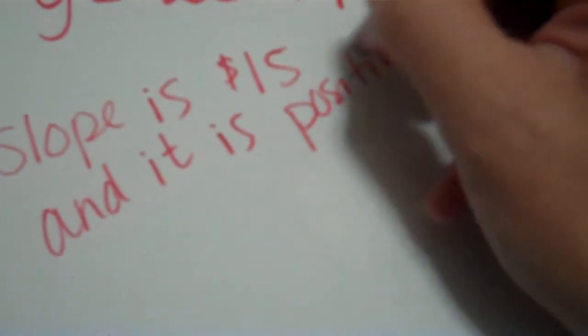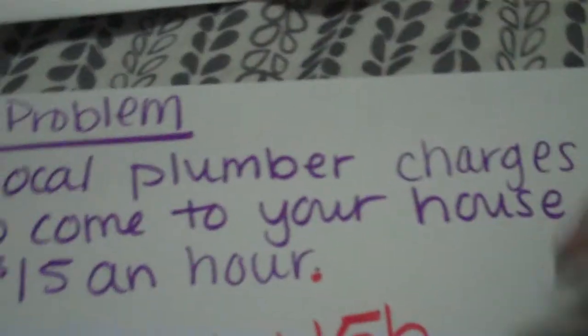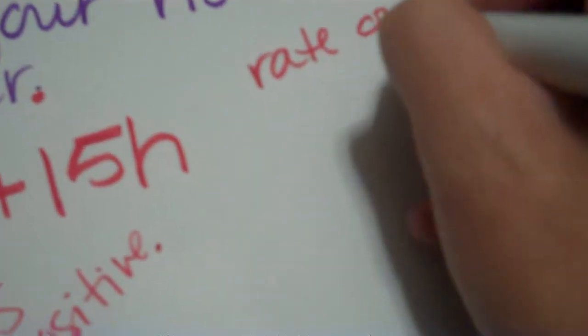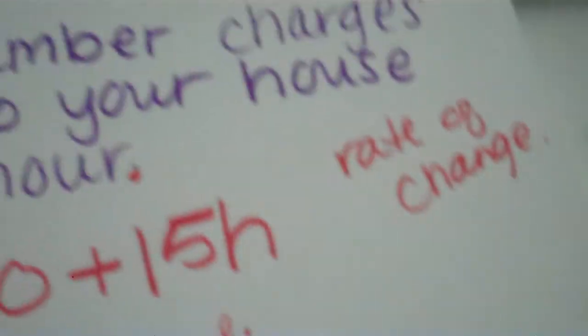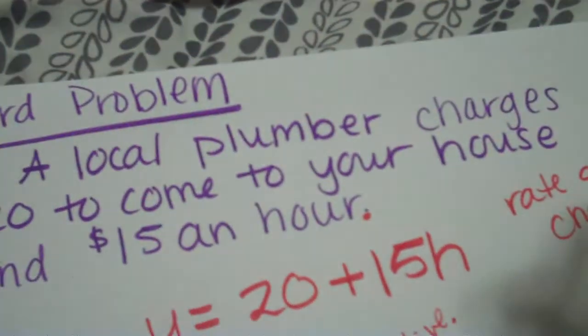The last thing I want to say, just real quickly, second to last thing, is, remember the last video I said that slope is the rate of change. Okay, it's the angle of the line, if you have a line, but it's also just the rate of change. What it means is what's changing. So, for example, if you look at this word problem, he charges $20 no matter what. $20 to come to his house.